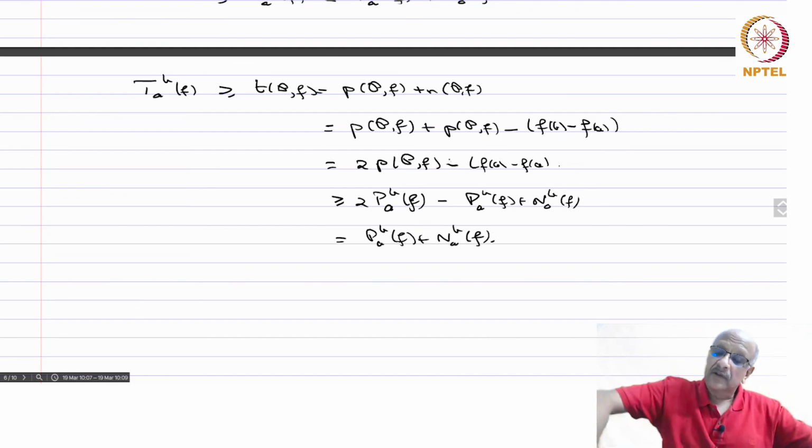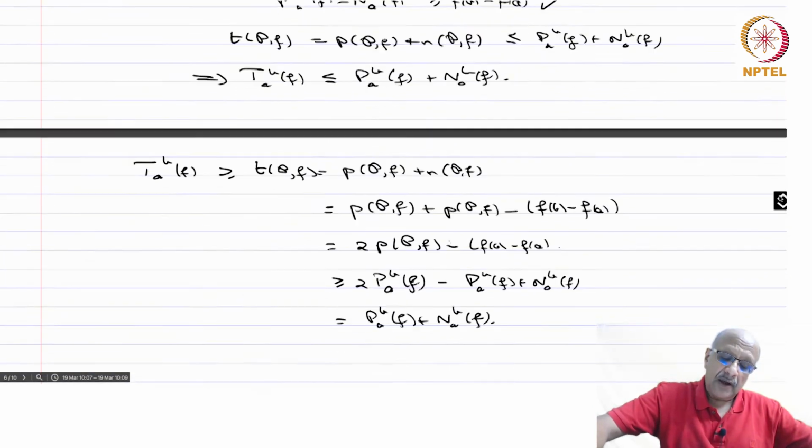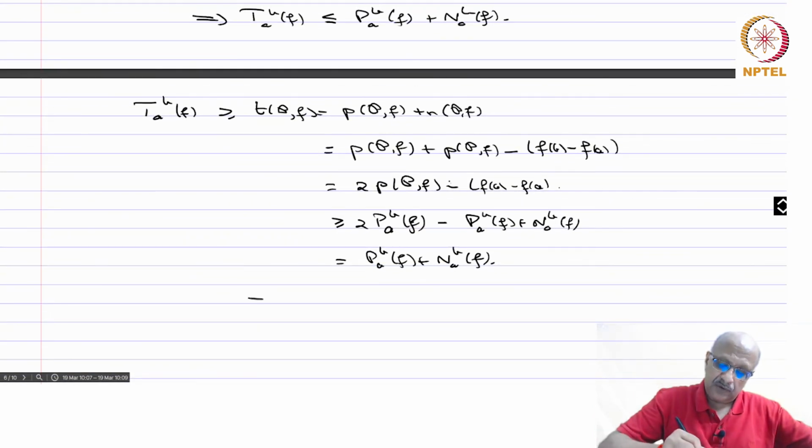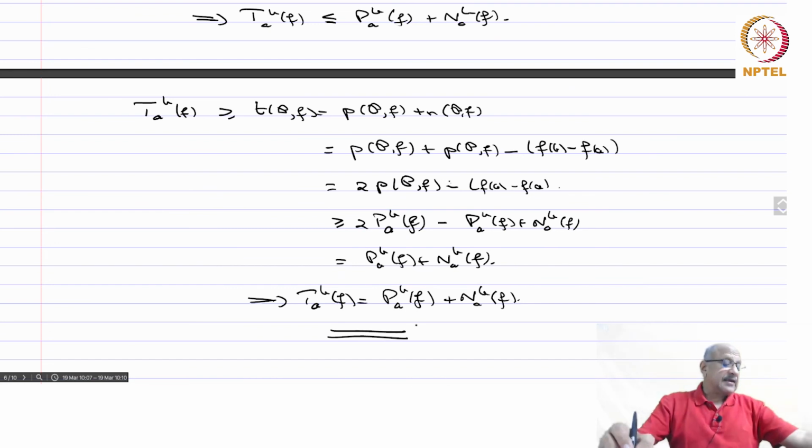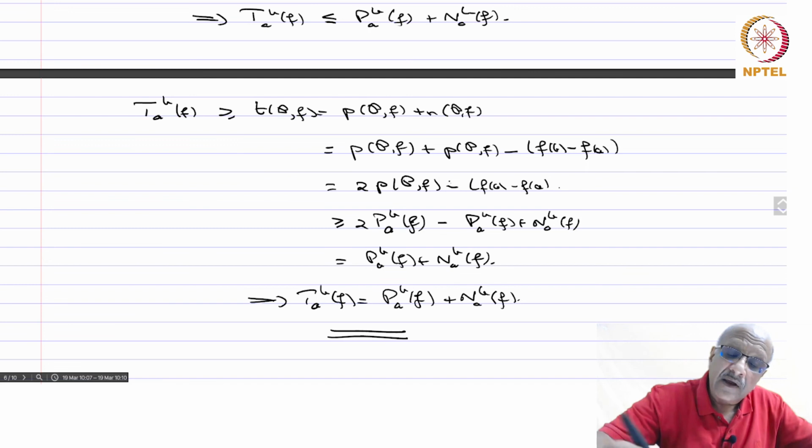And so you have the reverse inequality also, and therefore you have the conclusion. So this implies that T_a^b(f) equals P_a^b(f) plus N_a^b(f). So this will help us to make a very nice characterization of functions of bounded variation. So we will see that in the next session.